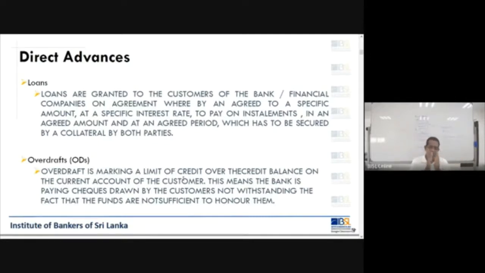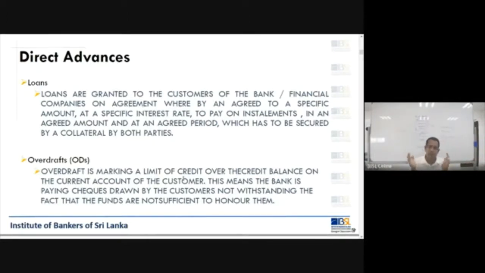That means a loan is funding we give to the customer. We have a fixed amount. The customer agrees to pay us on a regular basis. It can be monthly, quarterly, weekly, biannually, or annually. Agreed repayment, agreed amount of repayment at an agreed rate.